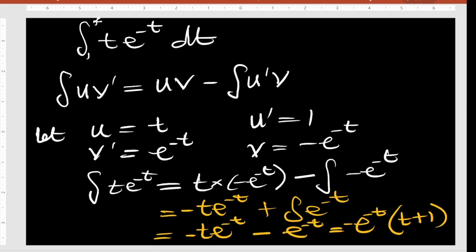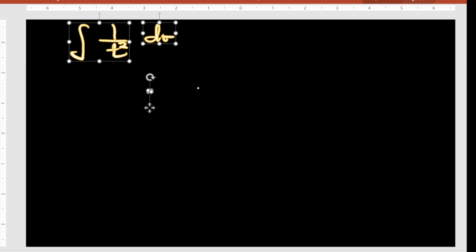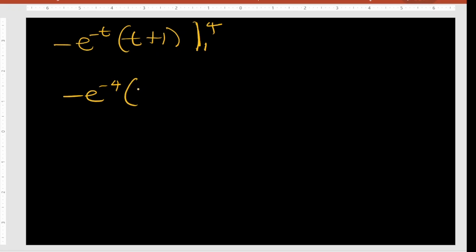So we are going to find the value, we have minus e exponent negative t into brackets t plus 1 from a lower limit of 1 to an upper limit of 4.